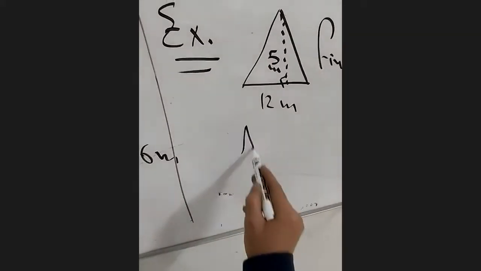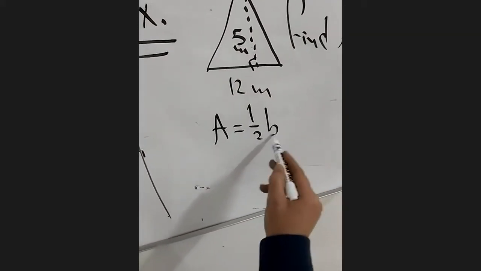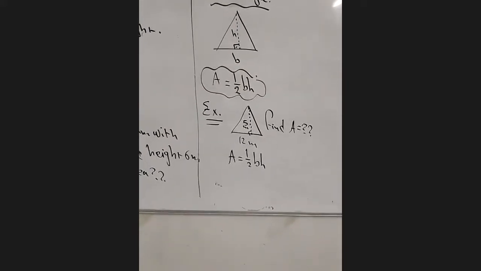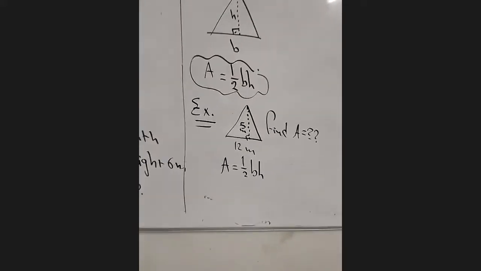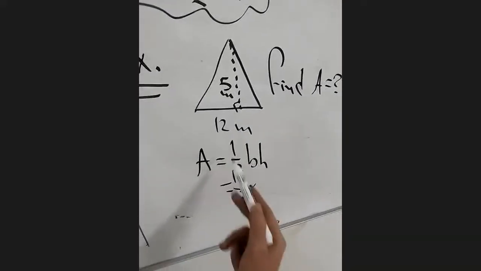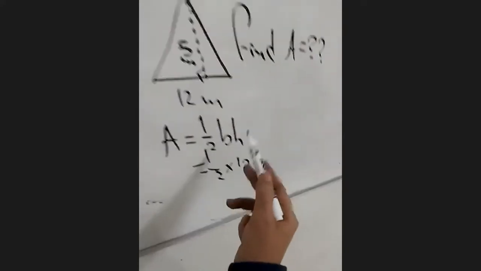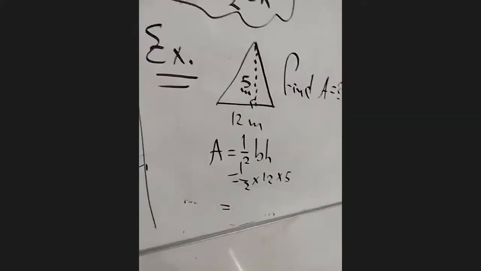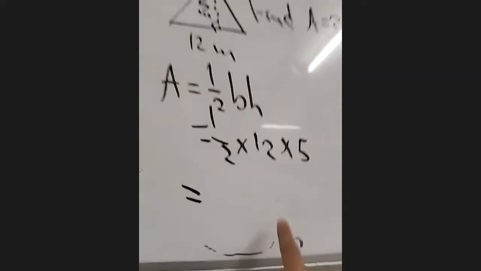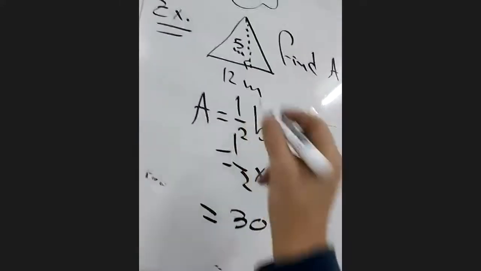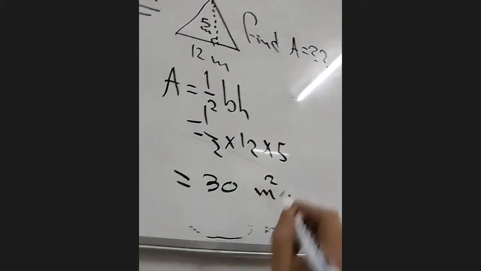A equal half BH. Always write the formula. Always. Half BH equals half multiply B, which is 12, multiply H, which is 5. Now calculate normally numbers. Now here, half of 12, 6 multiply 5, 30, and the unit is meter power 2.